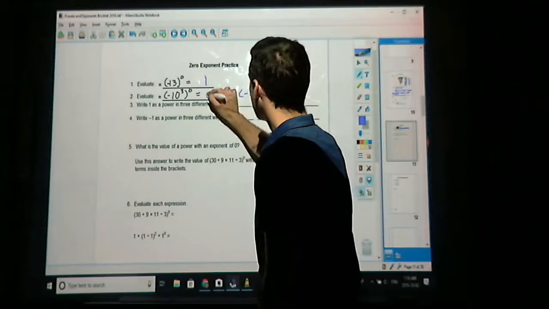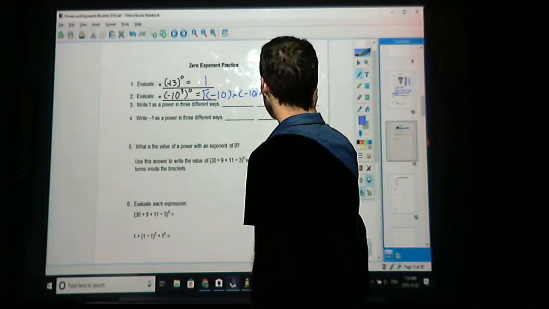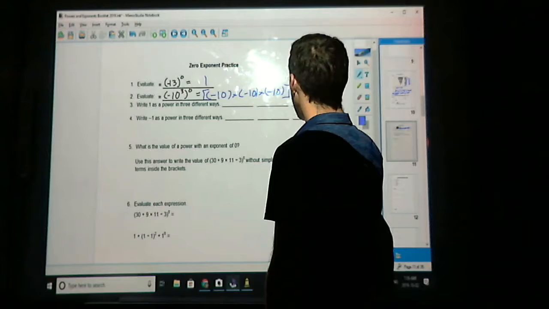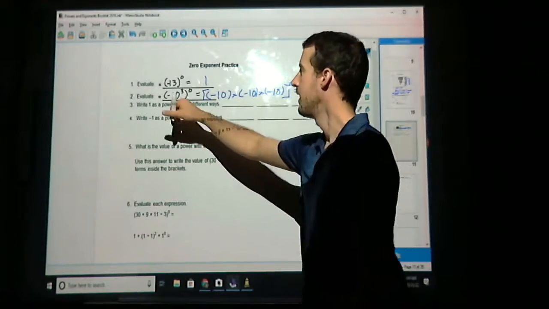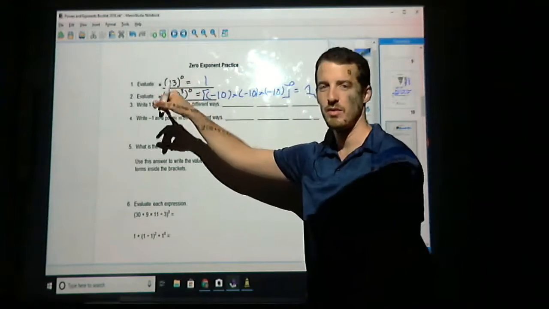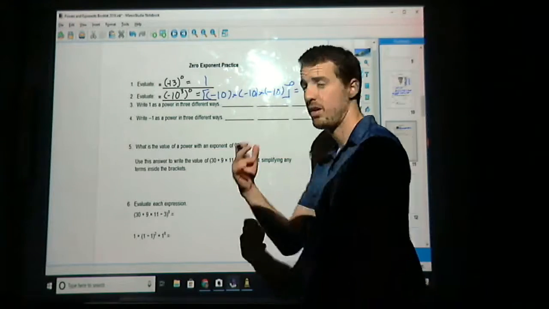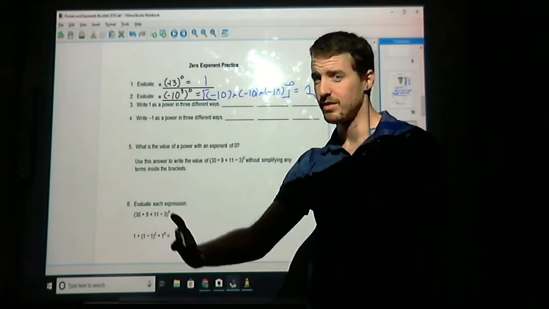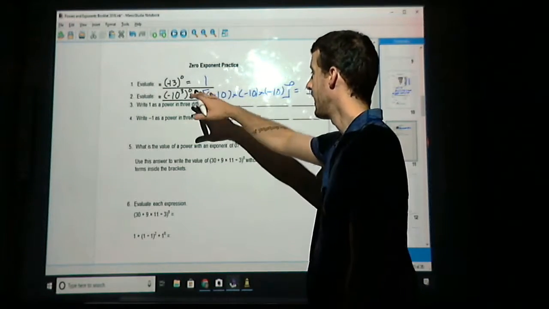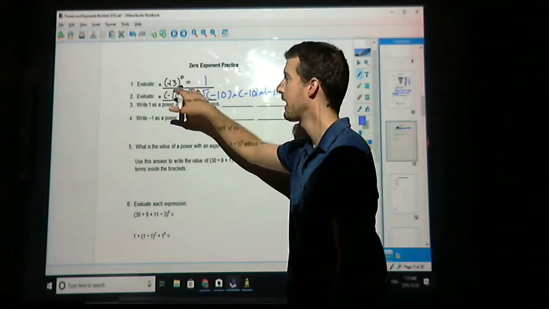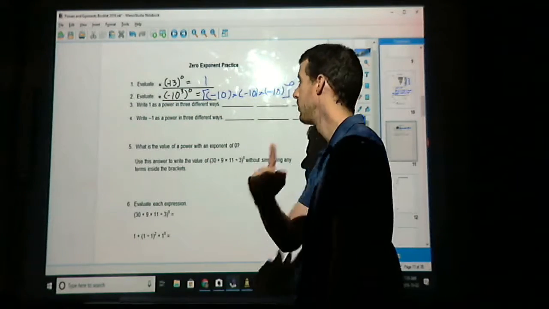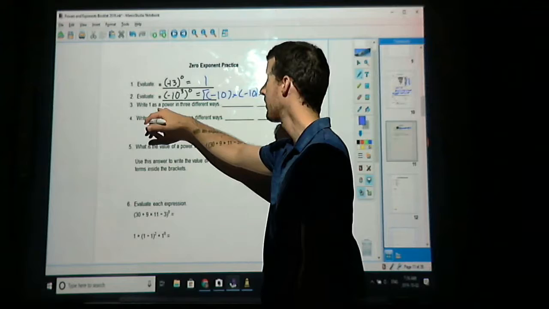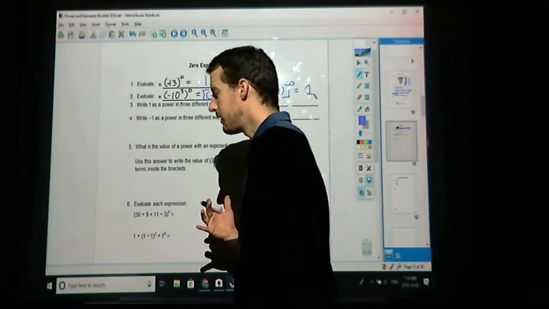All of that to the power of 0, 1. You don't even have to write it out. If you just tell me anything to the power of 0 is 1, or if the base doesn't include the negative, it might be different, but anytime you've got everything in the brackets to the power of 0, it is equal to 1.